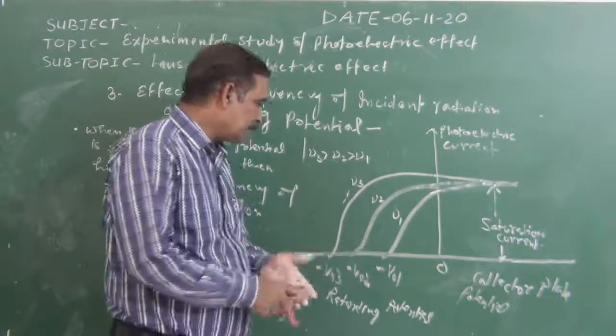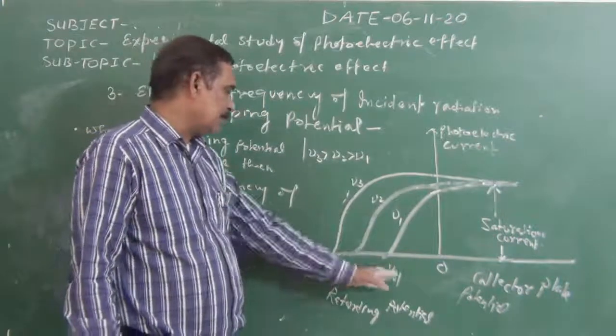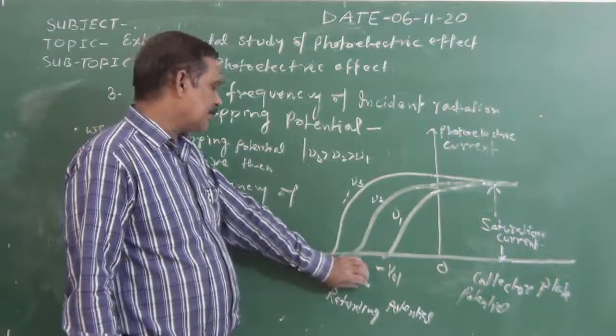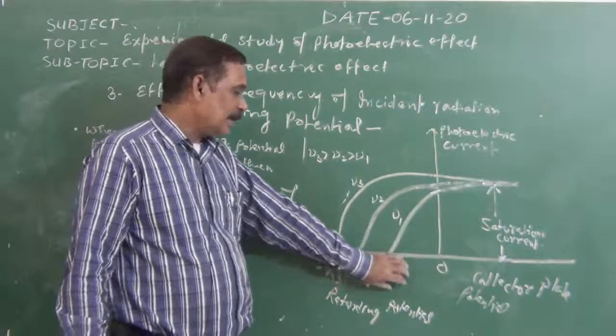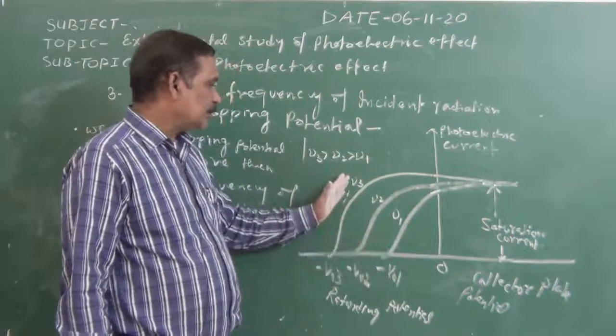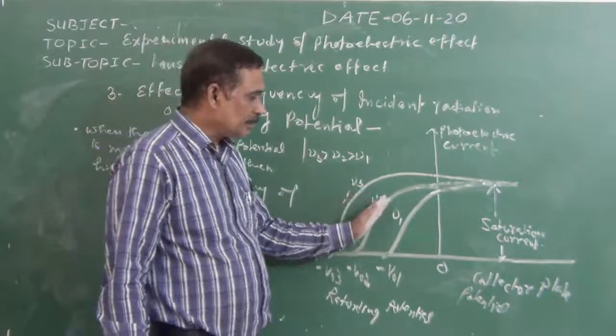If you find the magnitude of this negative stopping potential, so in magnitude V03 greater than V02 greater than V01 corresponding to frequency nu3 greater than nu2 greater than nu1.